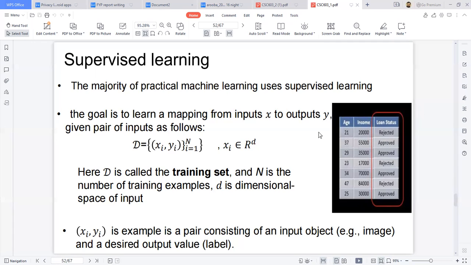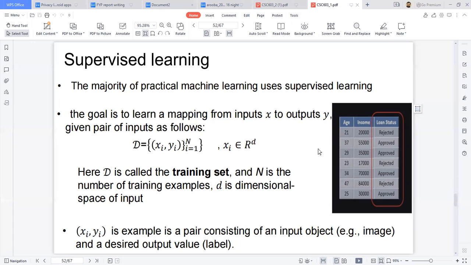So this xi, yi means that if i is 1, then it is talking about this row: 21, 20,000 and rejected.